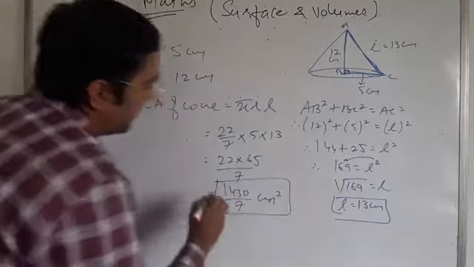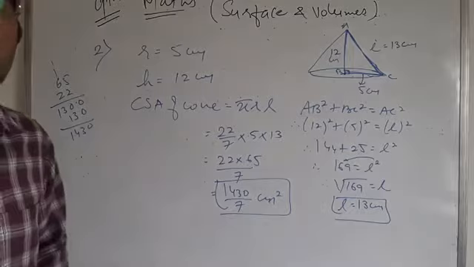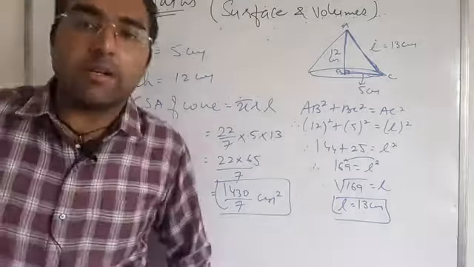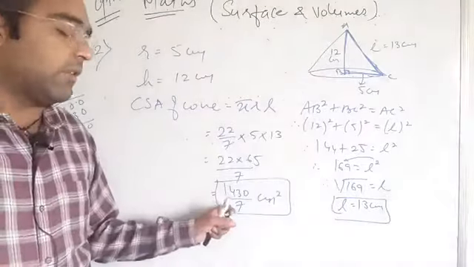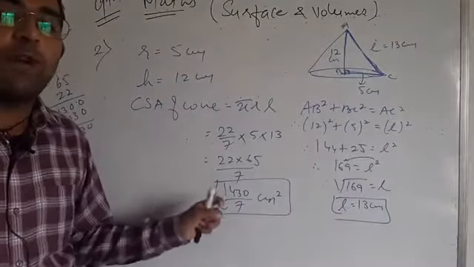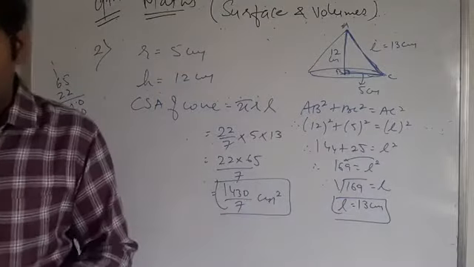What is my curved surface area? That is 1430 by 7 centimeter square. You should divide 1430 by 7, and find the value in decimal point.